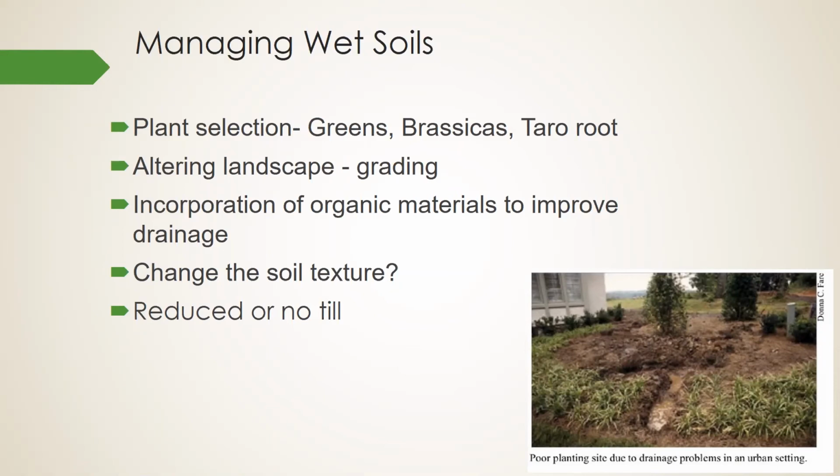So we may have to look at planting crops more adapted to wetter conditions, such as greens, brassicas, or even tropical taro root. In order to change a wet soil, sometimes it takes drastic measures where we're really changing the topography, bringing in backfill, and diverting water.